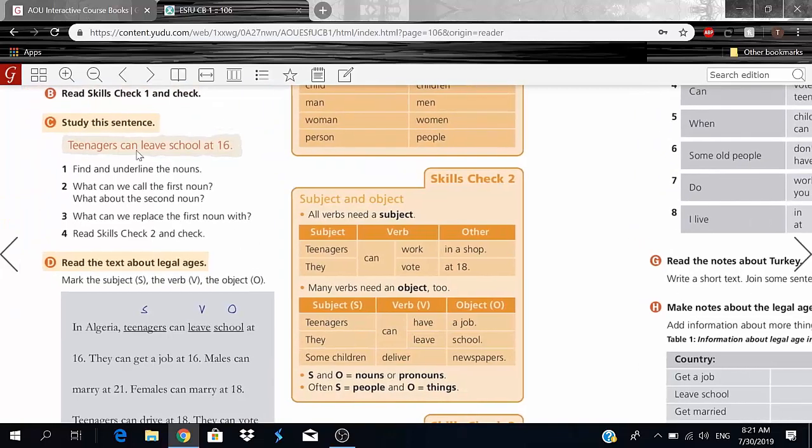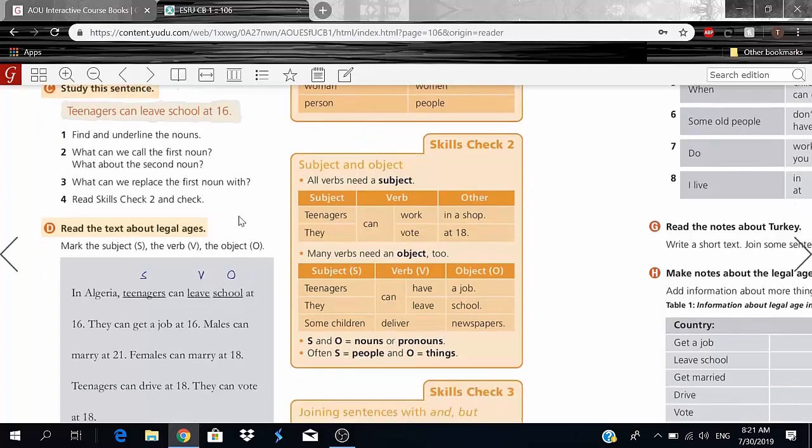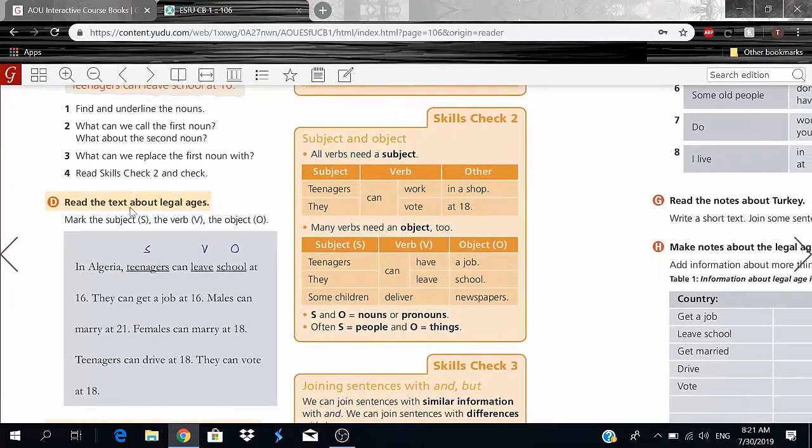We have teenagers, people, can leave, that's the verb, and school. School is a thing. This is not always the case, by the way, but it happens often. Okay, you guys? So now let's go to exercise D here. Read the text about legal ages and mark the subject S, the verb V, and the object O. So let me actually open this right here.